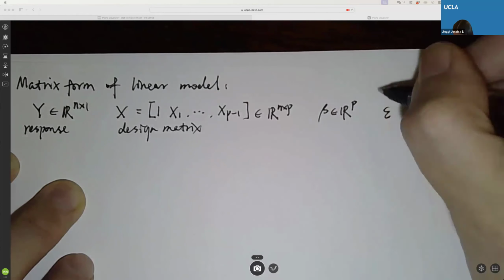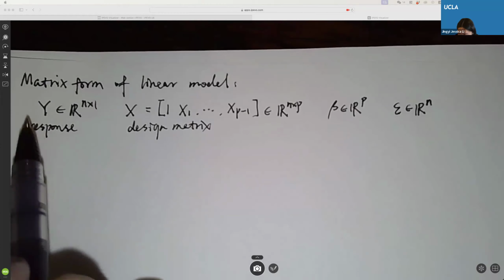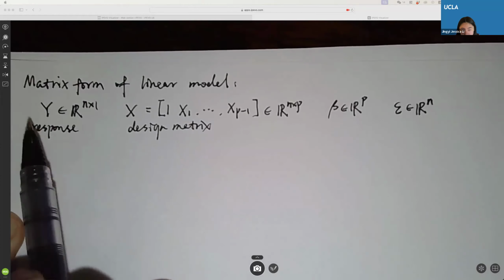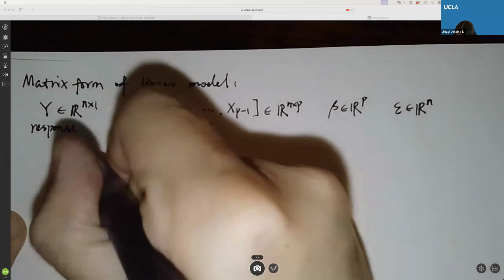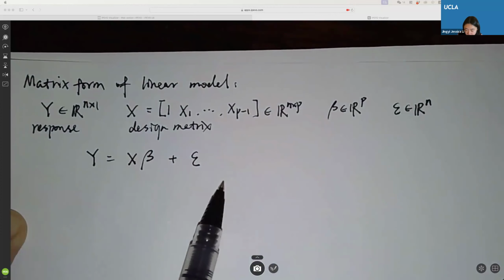So this is what we assume to be the error or randomness or noise, whatever you call it, that cannot be explained by the model. So we will decompose the y, the response, into two parts. This is the matrix form. X times beta plus epsilon. So each part is n-dimensional.